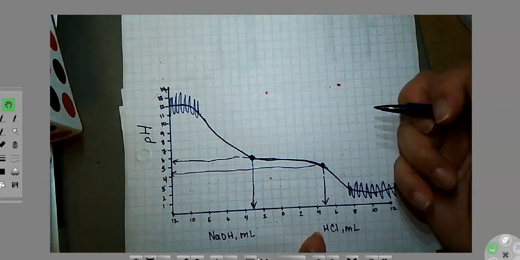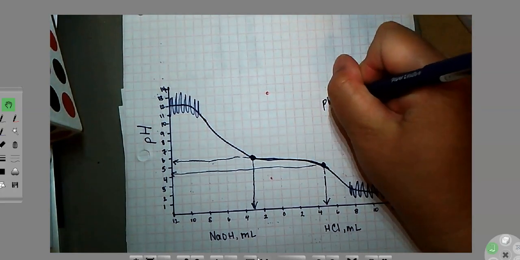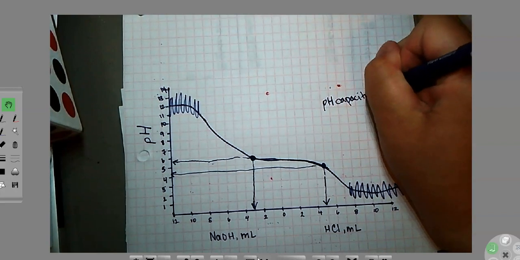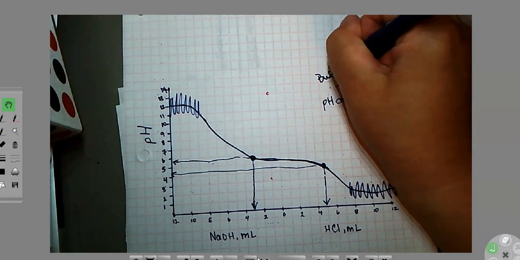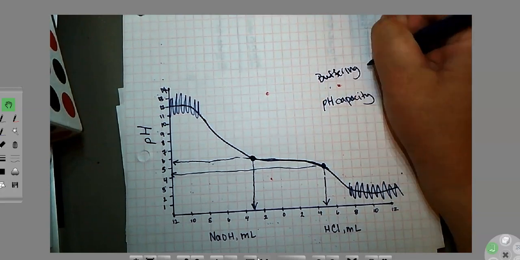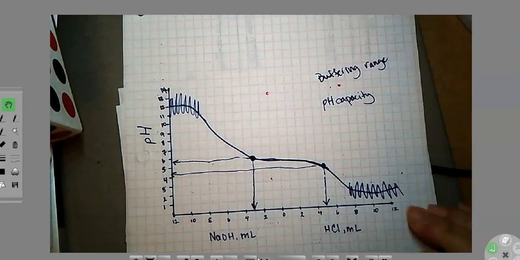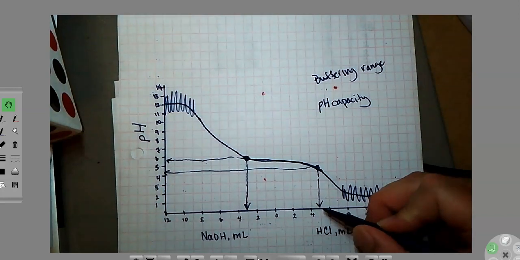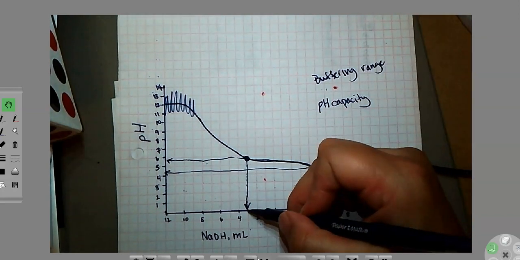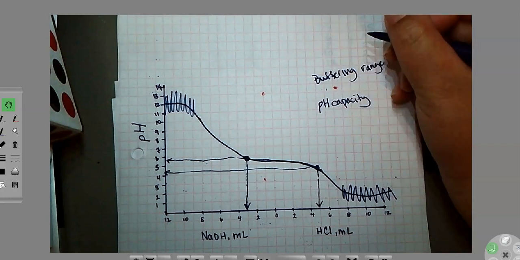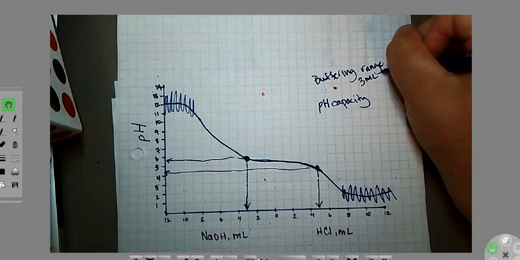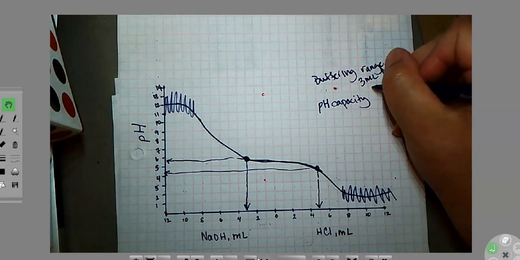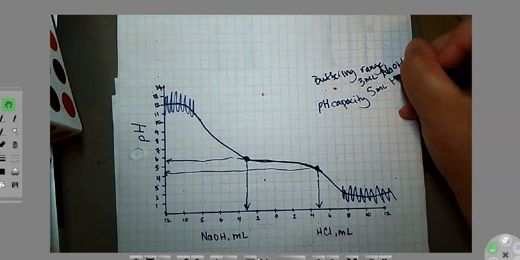Okay, so now the buffering capacity, and then we want to do the pH range. The buffering capacity is going to be, let's do NaOH first, 3 mLs of NaOH and about 5 mLs of HCl.